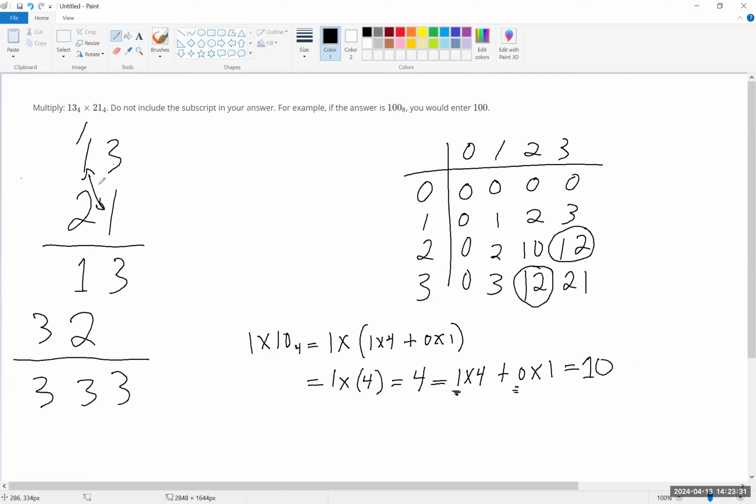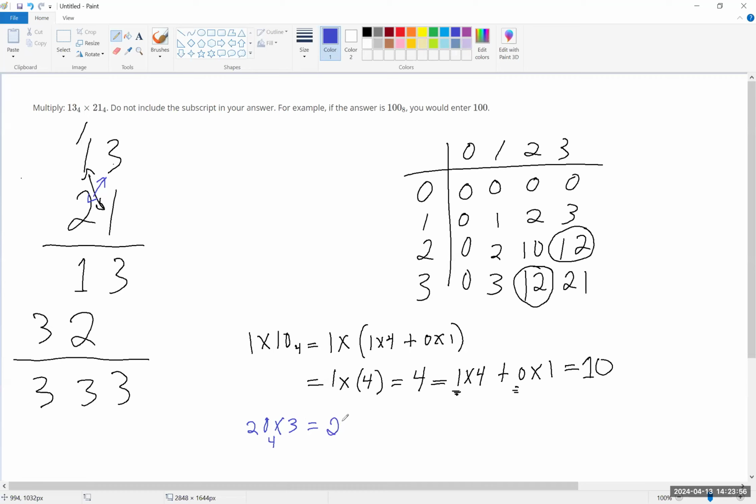Now let me go ahead and do the same thing for 2 times 3. Just to follow the same order, it's 20 times 3. But that's 20 base 4.